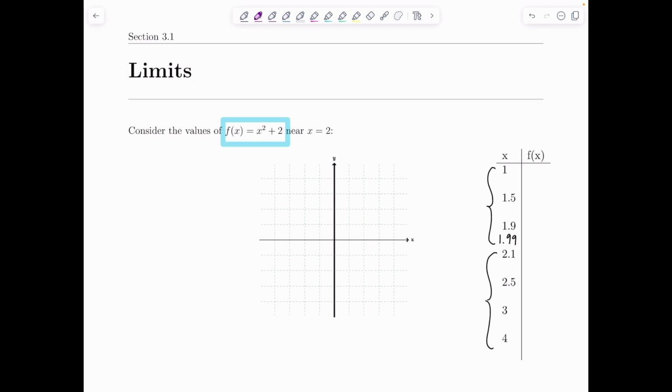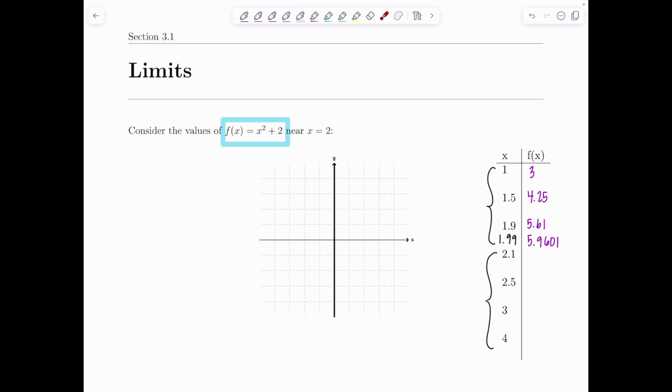For x equals 1, f of 1 is 1 squared plus 2, that's 3. 1.5 squared plus 2, that's 4.25. 1.9 squared plus 2, that's 5.61. And 1.99, 5.9601.